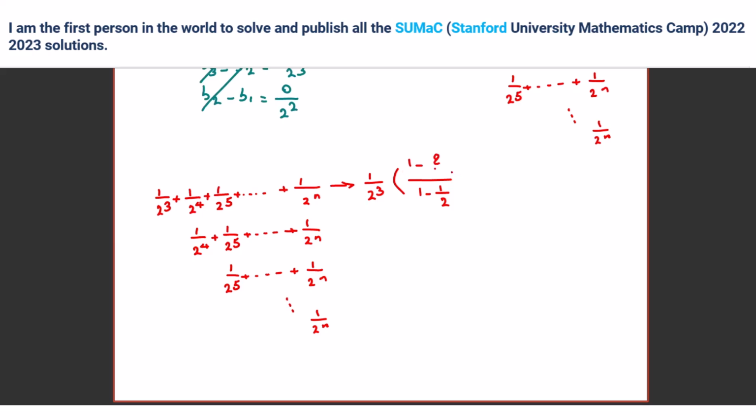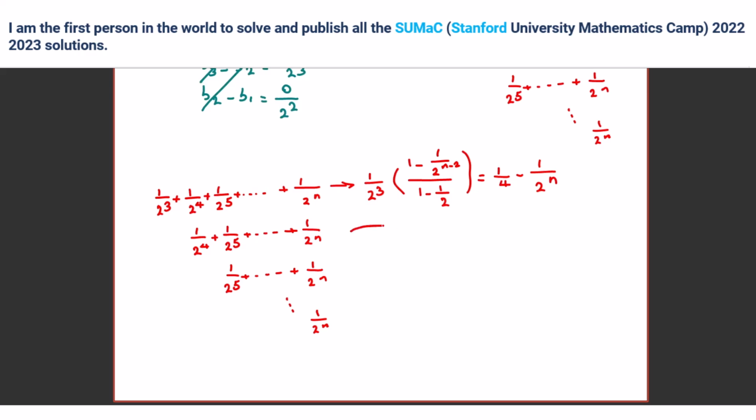No, it was 1 over 2 to the power of n plus 1. If you factor out n minus 3, n minus 2, yes. If you multiply by this one, it will be 1 over 2 to the n plus 1. So if we simplify it, it's 1/2. So it would be 1/4 minus 1 over 2 to the n, right?